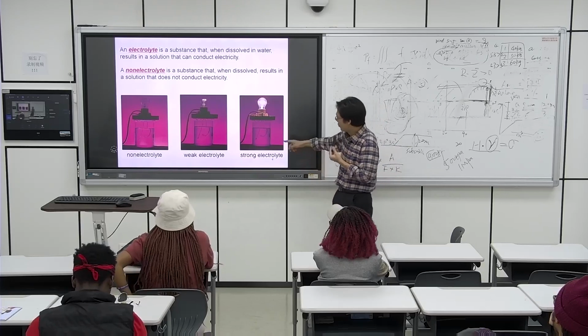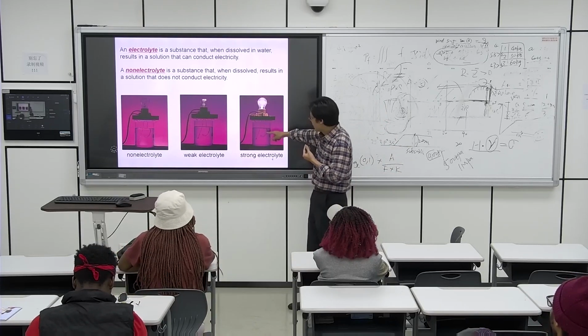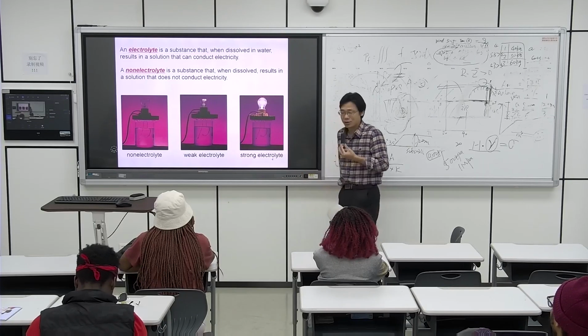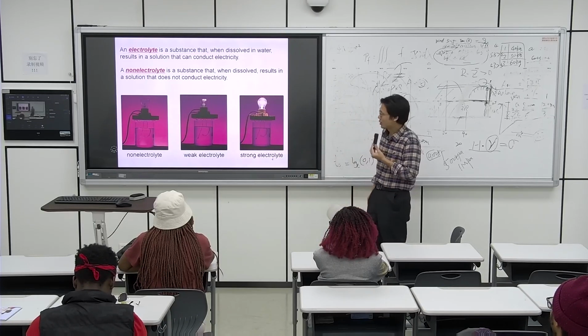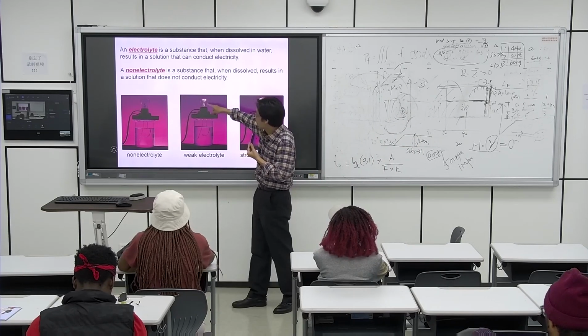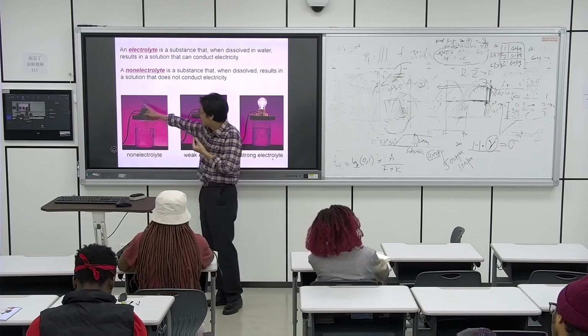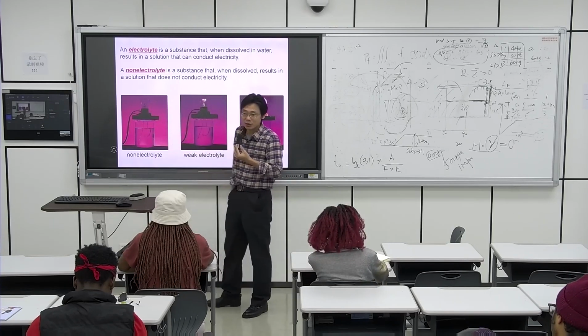So in this solution, the substance is a strong electrolyte. If it's weak, the bulb is dim, the light is weak. If it's a non-electrolyte, there is no light.